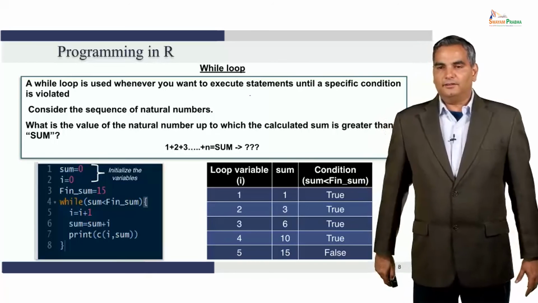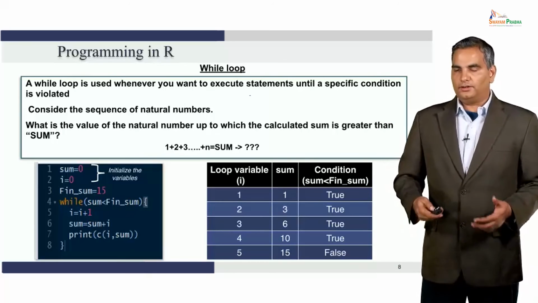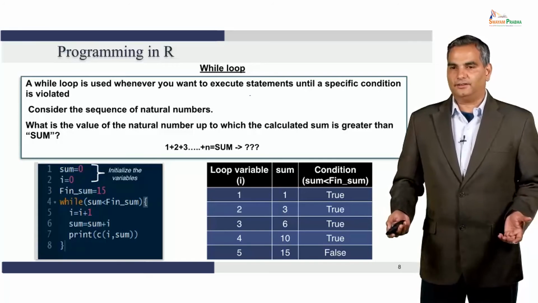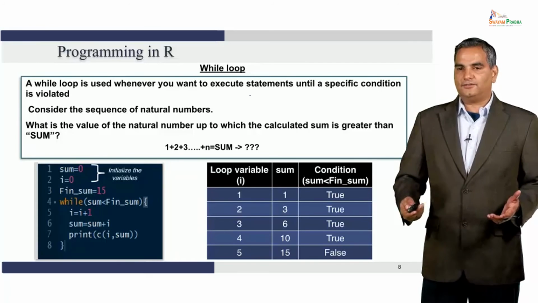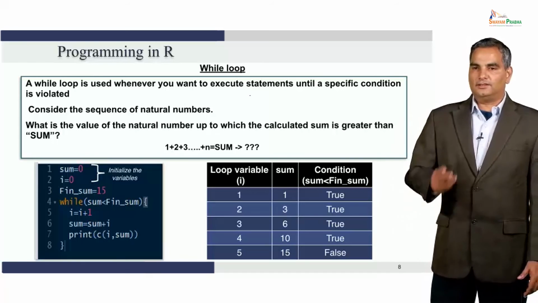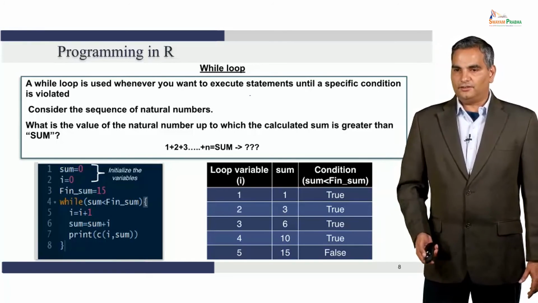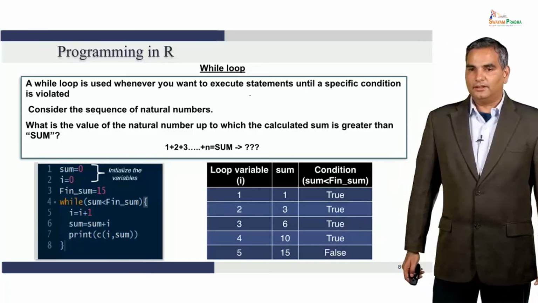Very similarly, while loop is you keep doing something till a condition gets satisfied. And once the condition gets satisfied, you come out of the loop. Till then, you keep looping inside. So here is an example. sum is 0, i equal to 0. final sum is 15, very similar to the last example that we had.